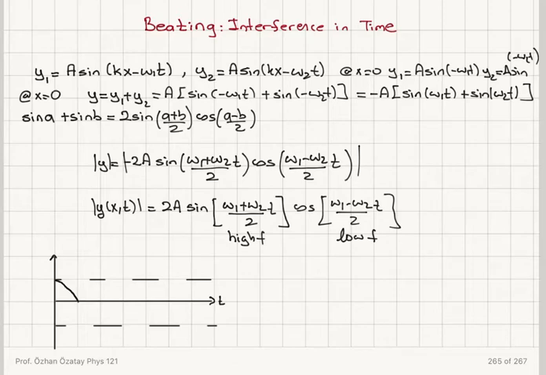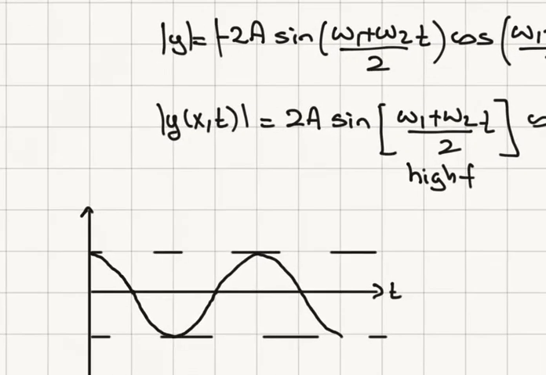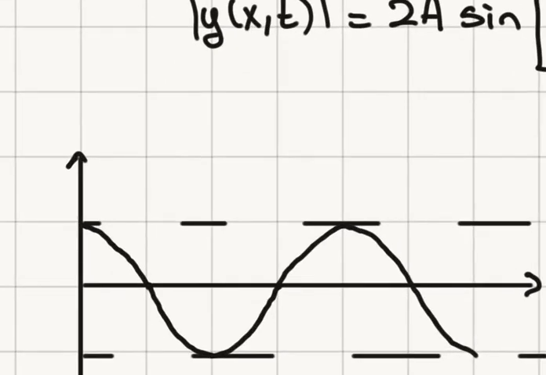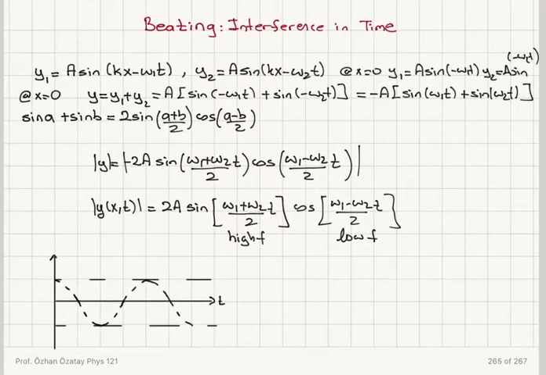I start out with 1, go to 0 and then to minus 1, to 0, plus 1, to 0, minus 1, etc. So this is actually an envelope function. This is the cosine part, the low frequency component.